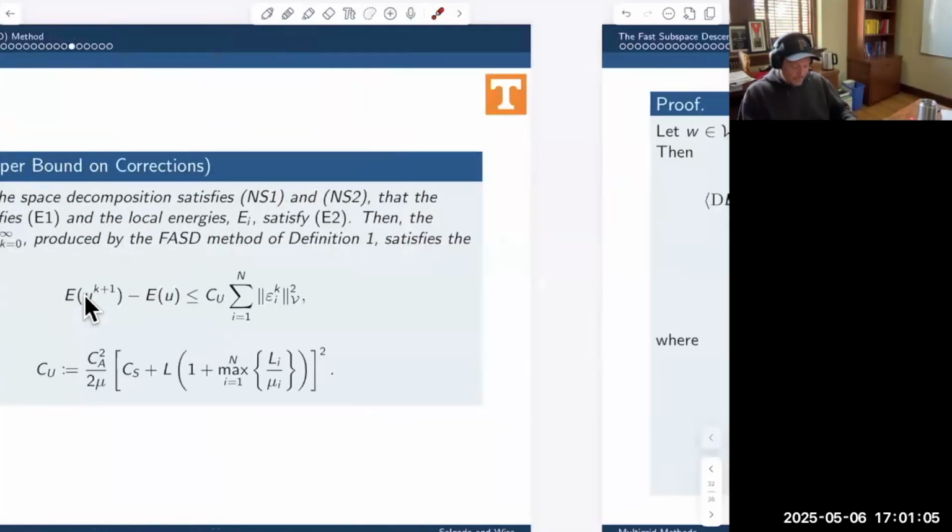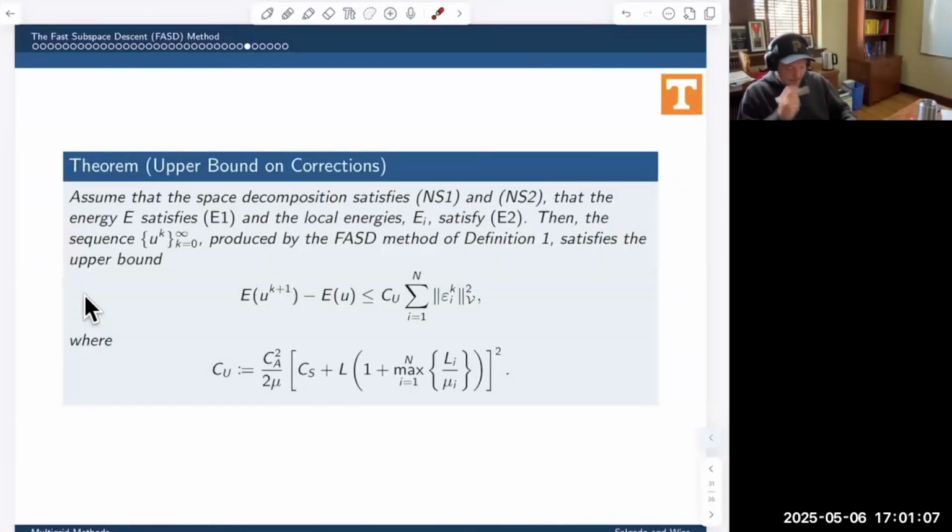Now, what is nice about this proof is that the upper bound and the lower bound just involved mu, the mu for the energy. The upper bound is where all the work comes in. That's where all the action is happening. And it's still not too bad, because it is a little bit worse than the SSO method.